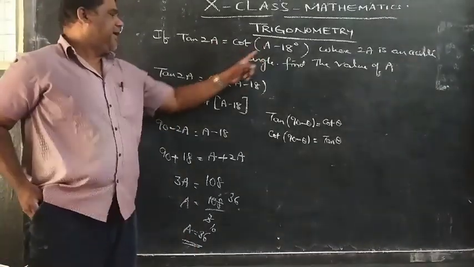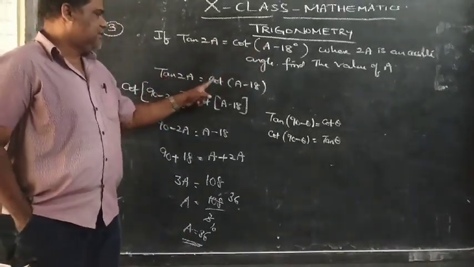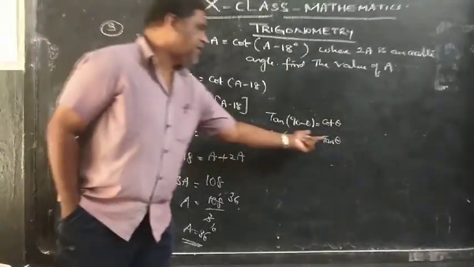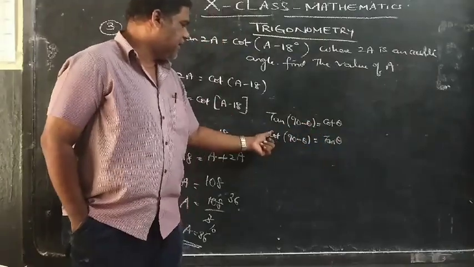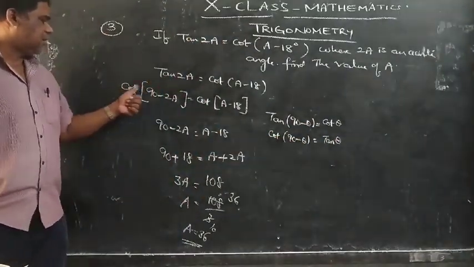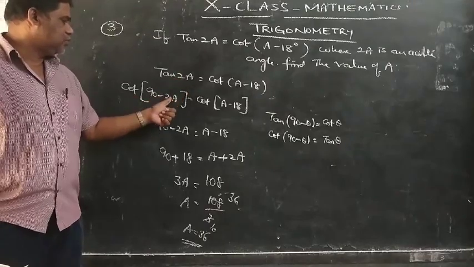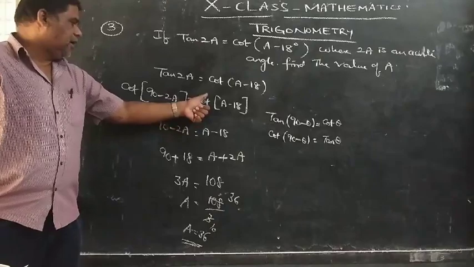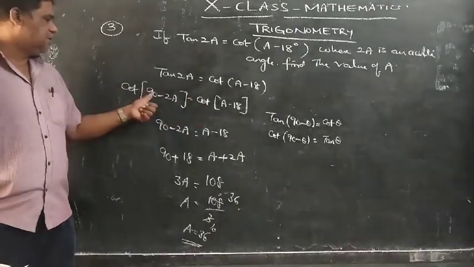So first we have to take the given condition tan 2a is equal to cot a minus 18. This is in the form of tan theta. Tan theta can be written as cot 90 minus theta, where theta is 2a. Now both are on the same ratio cot. You can remove cot on both sides.